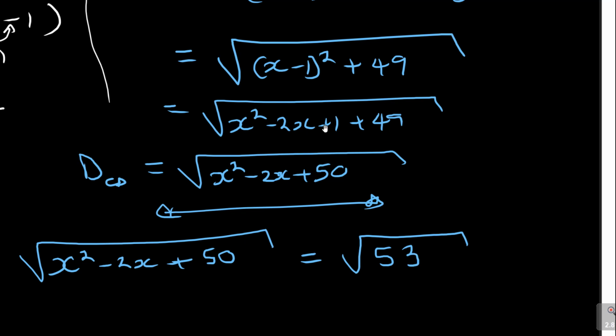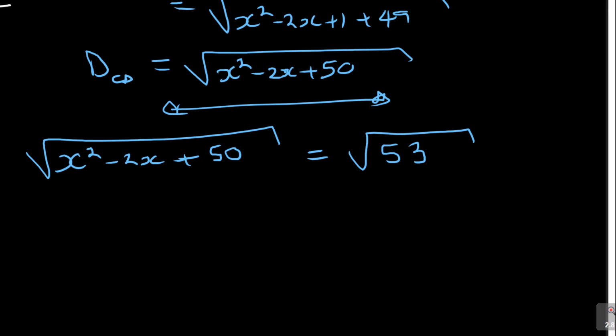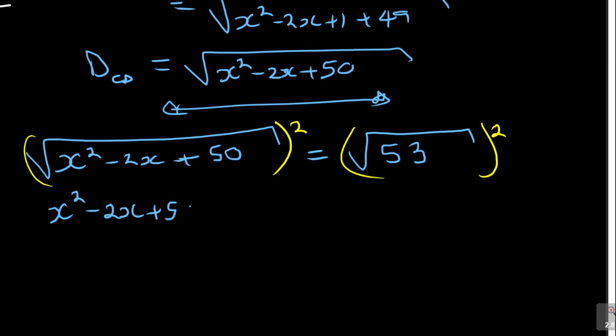Because that is the distance in terms of x, but I know the whole thing must be equal to the square root of 53, because they went on to calculate it. At this stage, you simplify your algebra and square both sides. Remember, what you do on the left, you do on the right. That's how the square root falls away on both sides. So you'll have x squared minus 2x plus 50 is equal to 53.